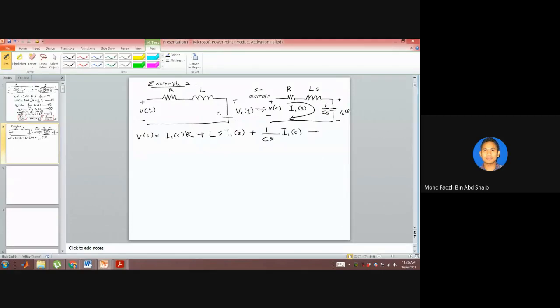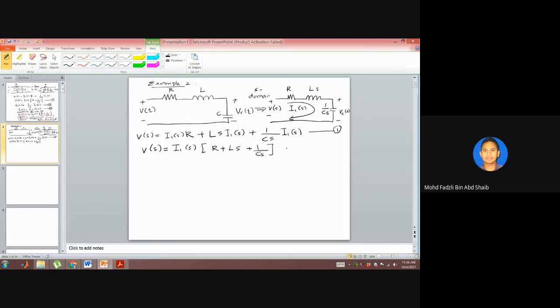This is equation 1. VS is after this, okay? So we rearrange this equation to become VS equal I1S times R plus LS plus 1 over CS.